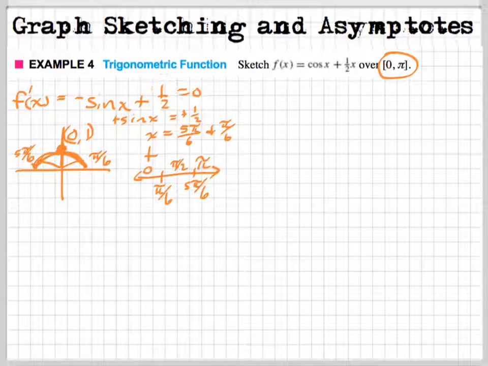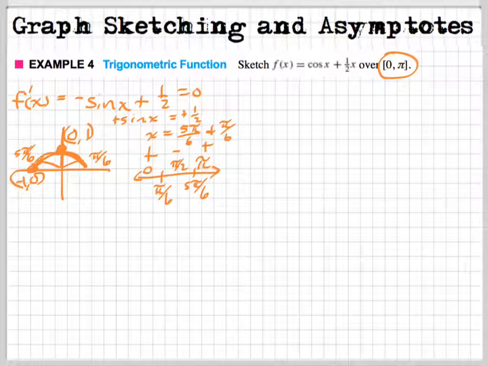Negative 1 plus positive 1/2 will still be negative. And for pi, if we plug pi in, this would be 0 again. Sine of pi would be way over here, negative 1 comma 0. Since the y value is 0, the value of sine would be 0, and negative doesn't even matter. We have plus a 1/2, so we get a positive. So we have positive, negative, positive.